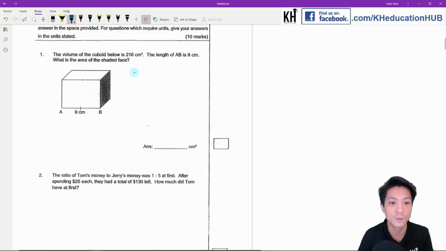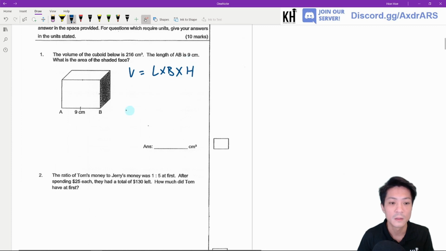Okay, so we know that volume is equal to length times breadth times height. In this case, the area over here you can call the B times H, which is over here. They gave us the volume, which is 216.